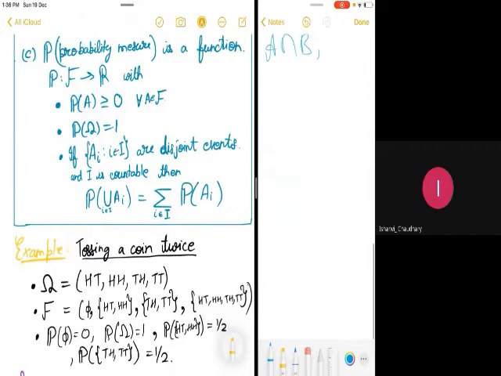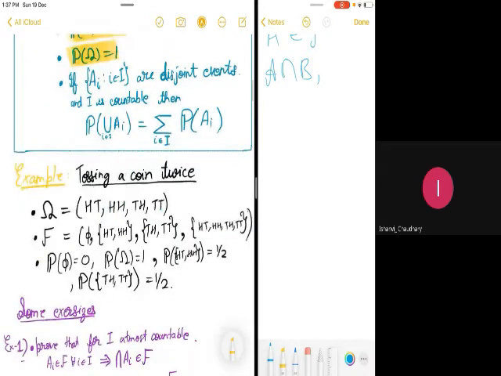Now we define the probabilities of such events. To define that, we have a probability measure P, which is a function from the set of all events to R, which satisfies that the probability of each event is greater than or equal to 0, and that the probability of omega is 1.